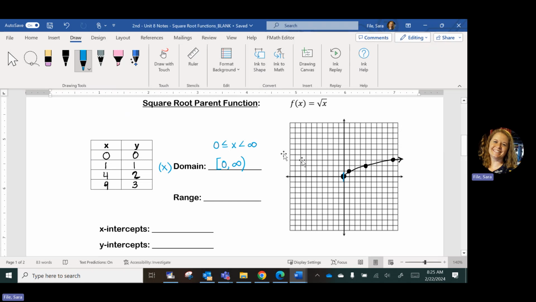So we would write it as x is greater than or equal to 0. So x is everything bigger than 0 or equal to 0. It's understood that that goes to infinity. So all three of those are correct ways to write that domain.